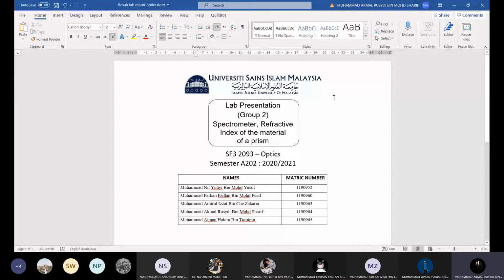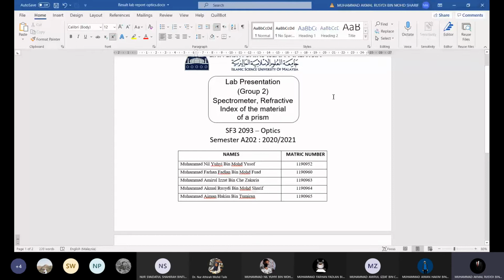Okay, the next is results. There are three things that we need to find: first is the angle of the prism, second is the angle of minimum deviation of the prism, and last is the refractive index of the material of the prism. So there are two tables of results that we are supposed to get.